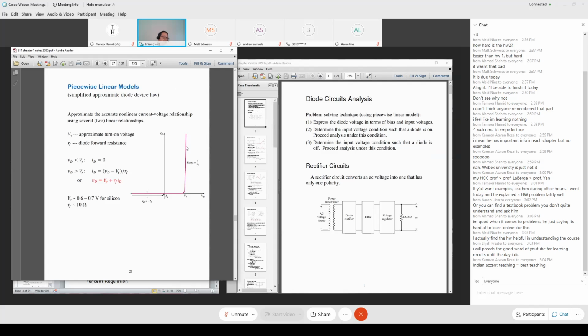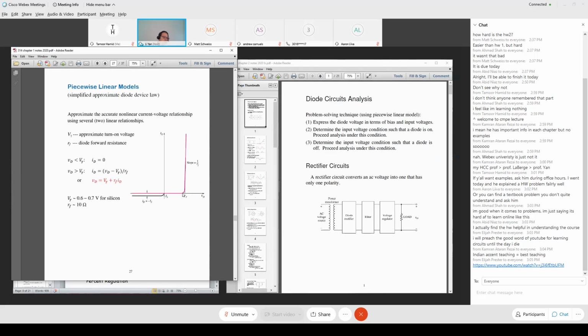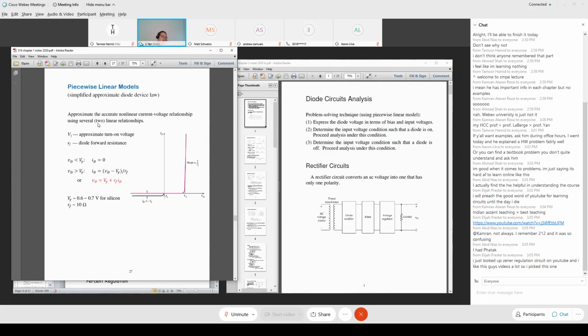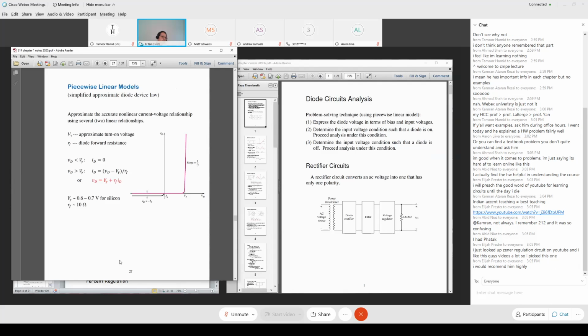One is forward bias, diode turn on. One is turned off. That's two. If you count in the Zener, they have a third line here. So the number depends on what you want to visualize: two is diode on, diode off. Then if you want to expand this from 2 to 3 to include the Zener reverse breakdown, then you have another straight line shooting here. Any question?